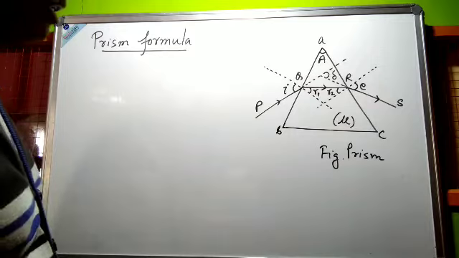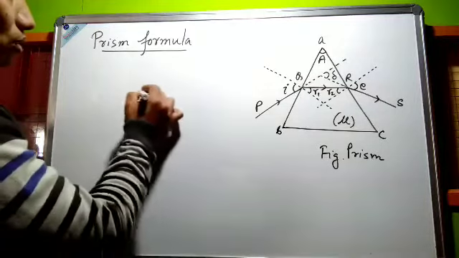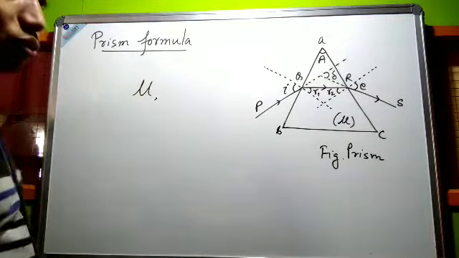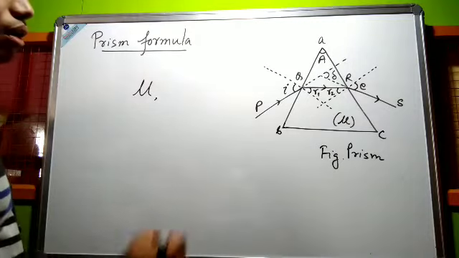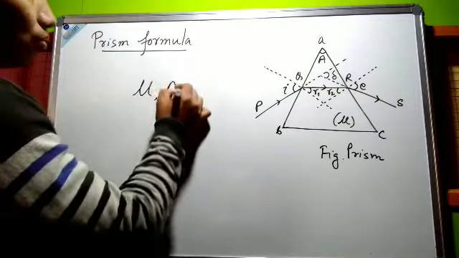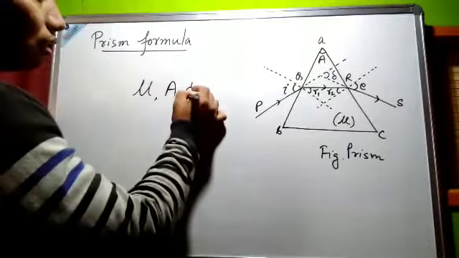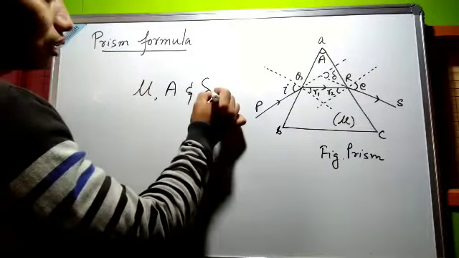Prism formula is a relation between mu, that is the absolute refractive index of the prism, the angle of prism capital A, and minimum deviation delta m.